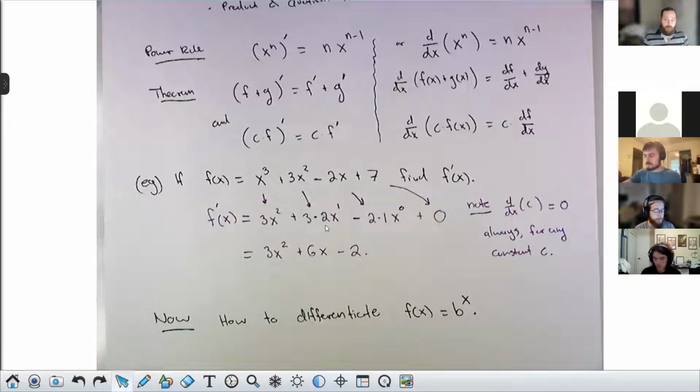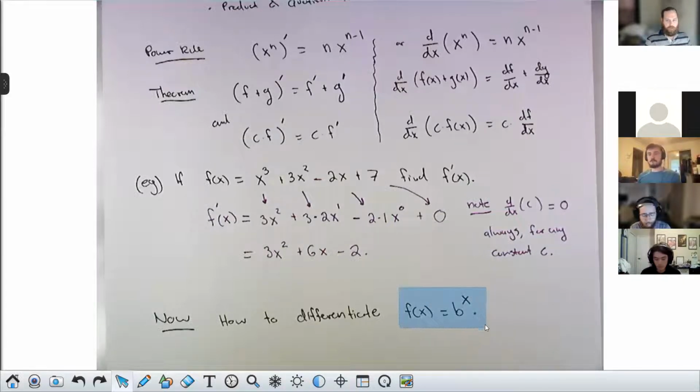This lives in section 3.1 because it's one of the other really nice differentiation rules. Unfortunately, I cannot give you the full story today. I can give you the most important part of it, but I cannot give you the full story.